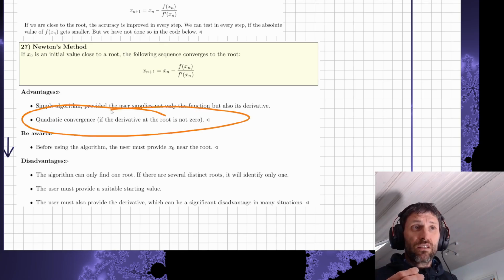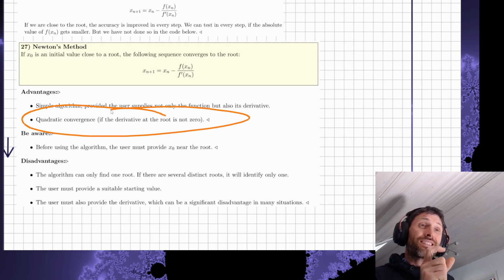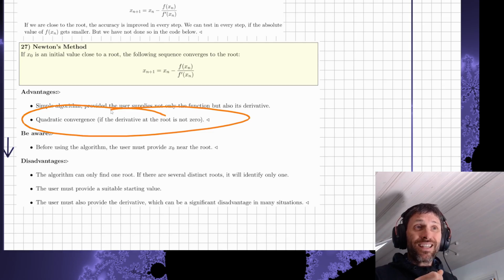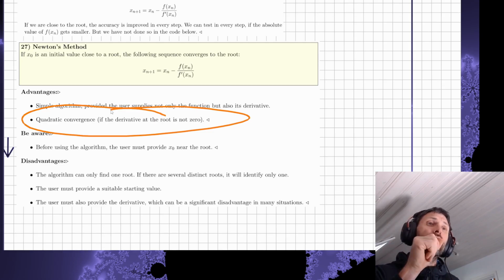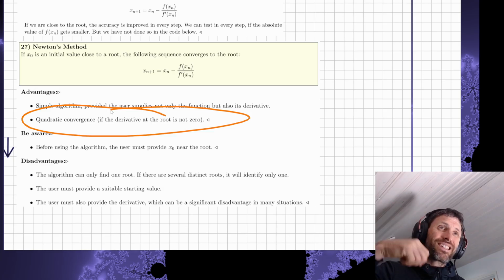What does that mean? Quadratic means if the distance to the root was a half, then next time it will be a quarter. Next time it will be 1 divided by 16. Next time it will be 1 divided by 256. And that means it accelerates.